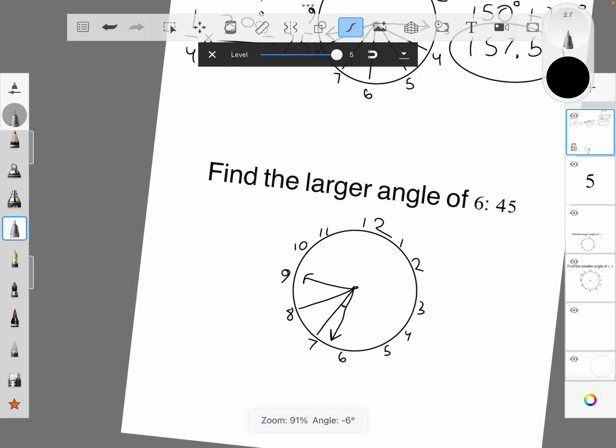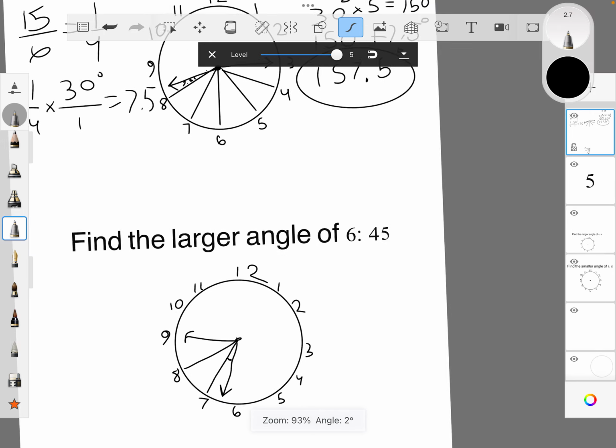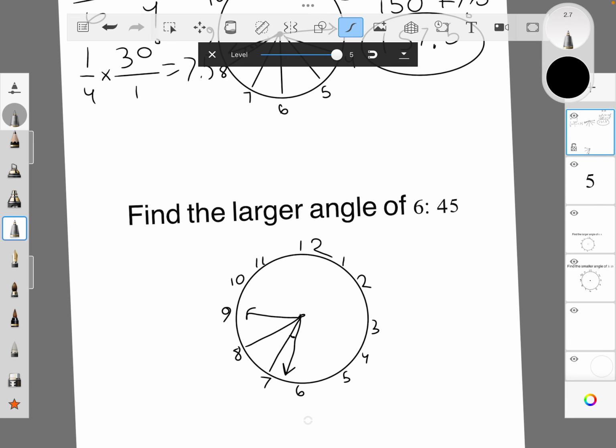You basically have to use logic and common sense to decide if you should subtract 60 minus 45, or just leave it as 45. Here, using logic, we have to subtract 60 minus 45, which would equal 15.